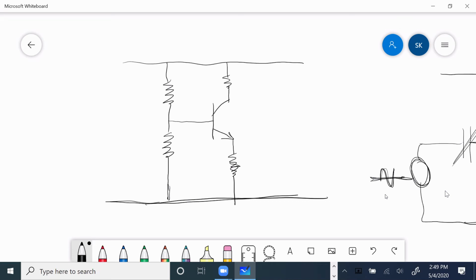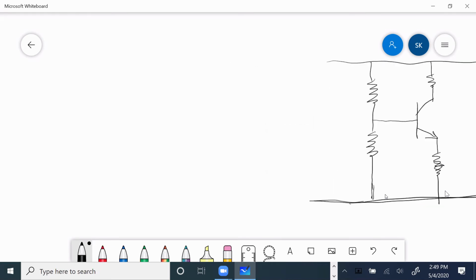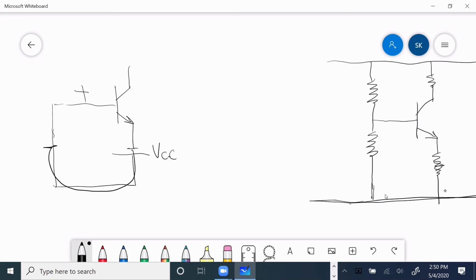Let me just quickly remind you that I went about biasing the transistor by applying a voltage there, call it VEE. This was the base, this was positive, and that was negative. Then we brought this battery and connected it up there. I'm just reminding you, I'm not going into that anymore because we don't have time.